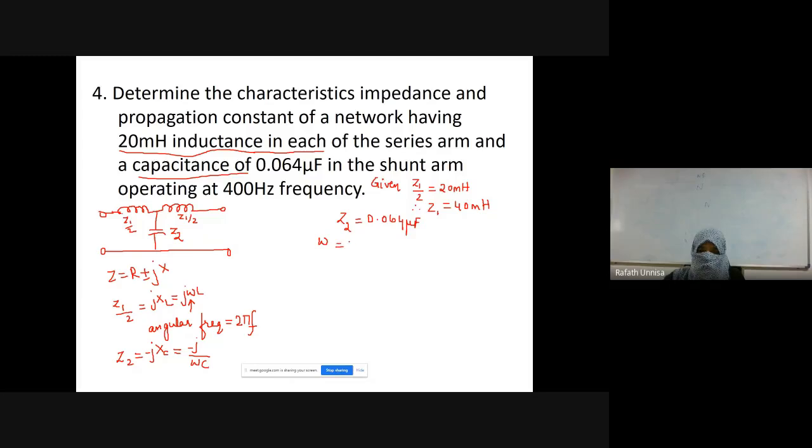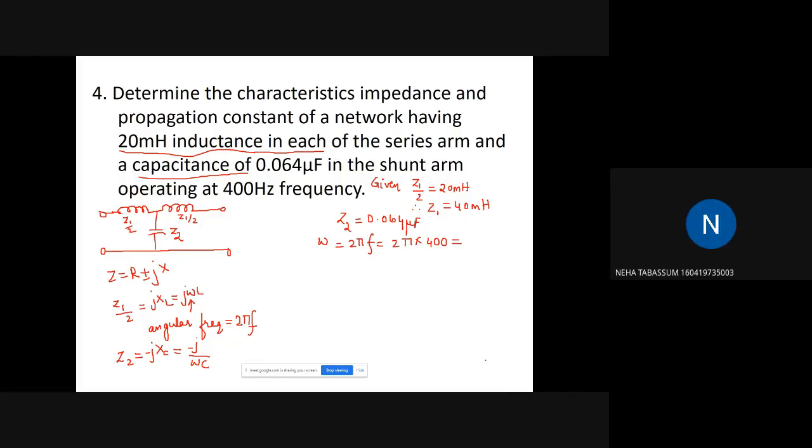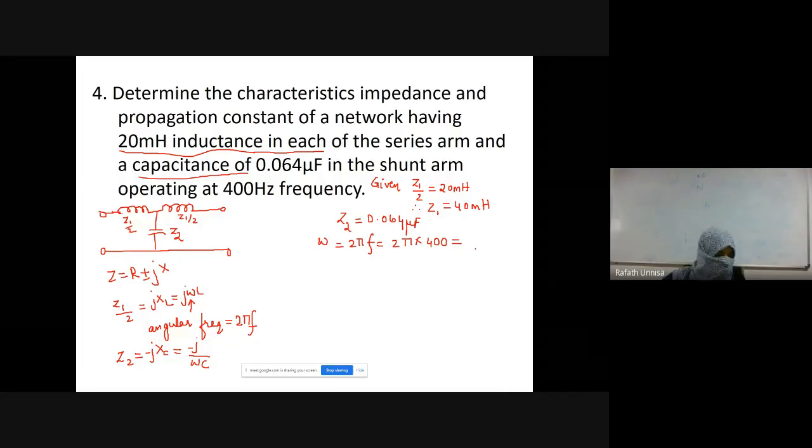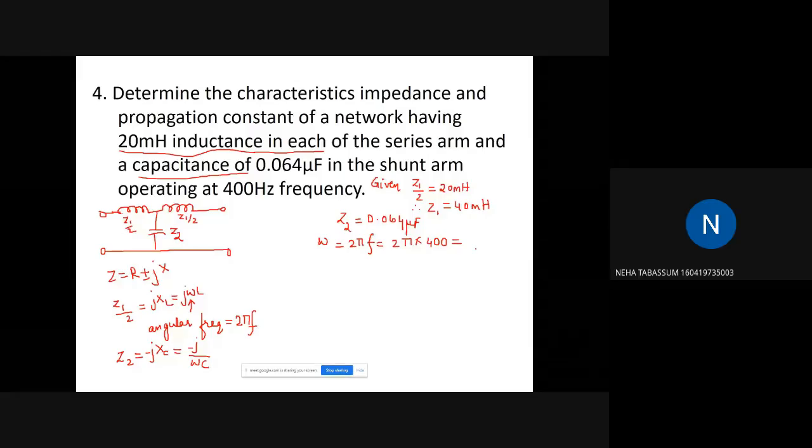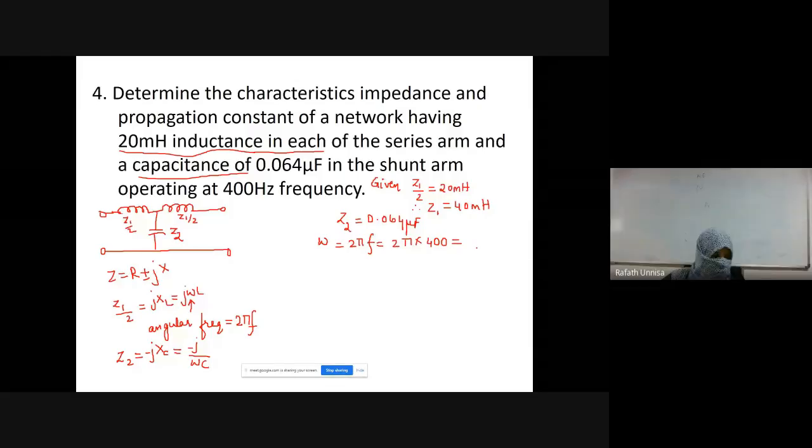Omega equals 2 pi f equals 2 pi into frequency, which is 400. Give me the answer for this value. 2 pi f, how much are we getting? 2512.